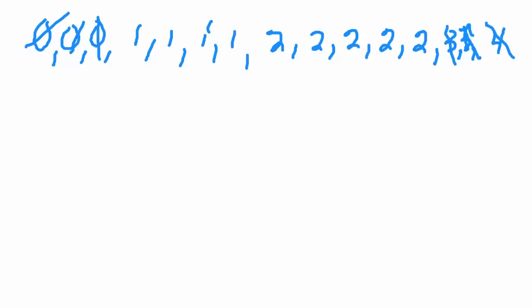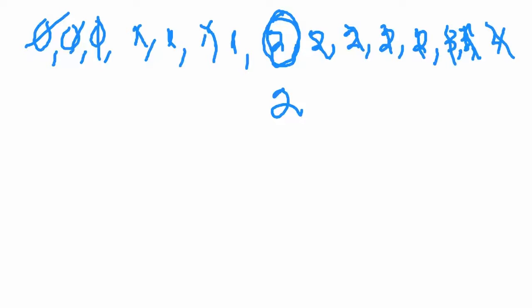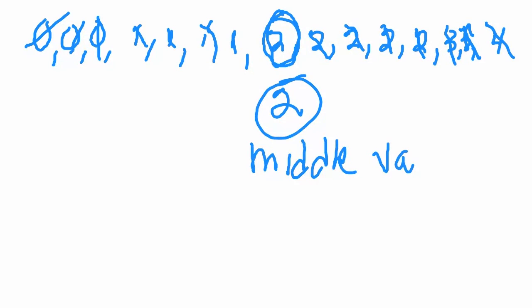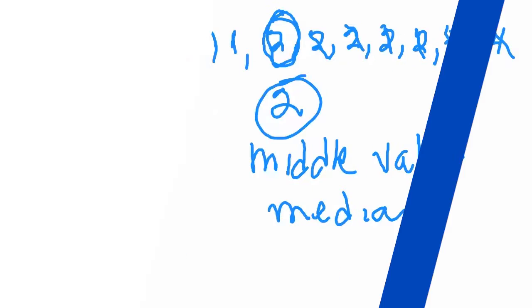Get rid of the 0, get rid of the 3. 0, 3. 1, 2. 1, 2. 1, 2. 1, 2. And all I have left is 2. And that 2 is my middle value, which is called a median.